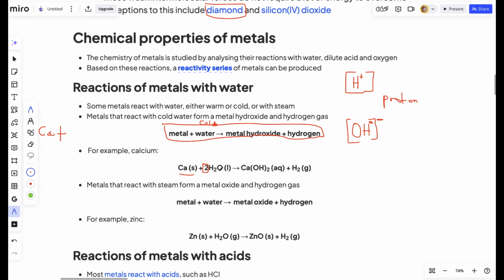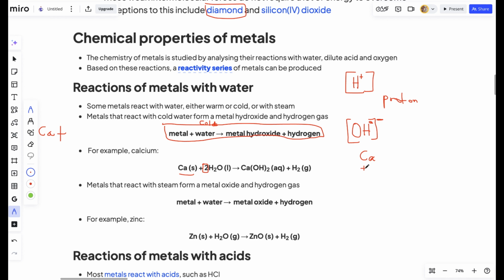It will produce what? Calcium hydroxide, CaOH, but there will be a 2 here. Why is this 2 here? Why not just CaOH? The reason is that calcium has 2 positive charges, so plus 2.